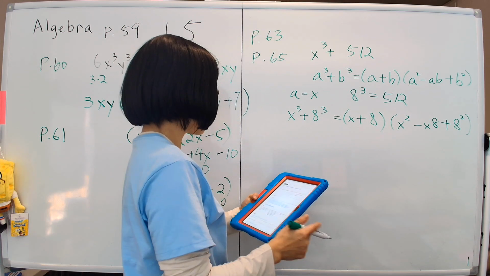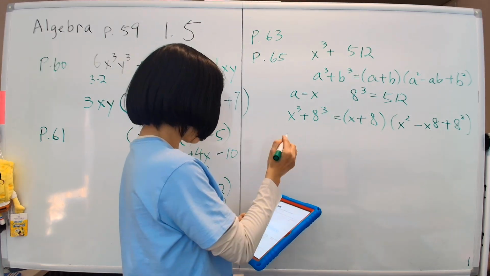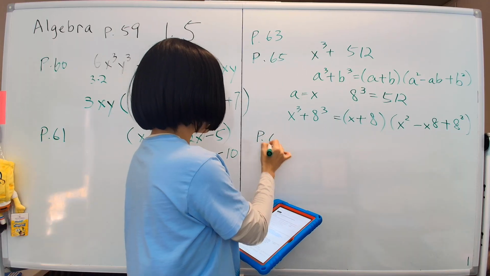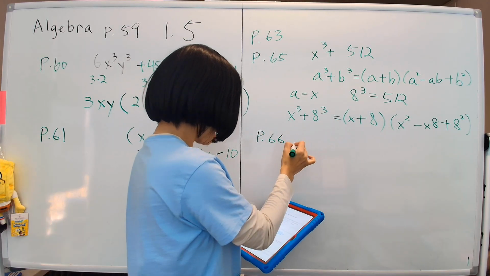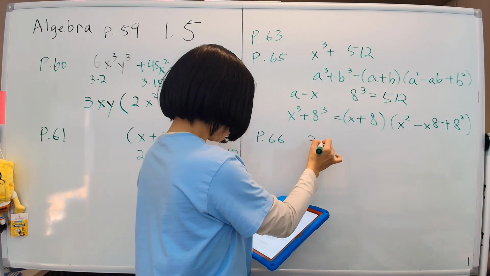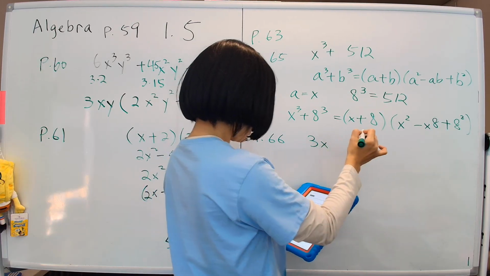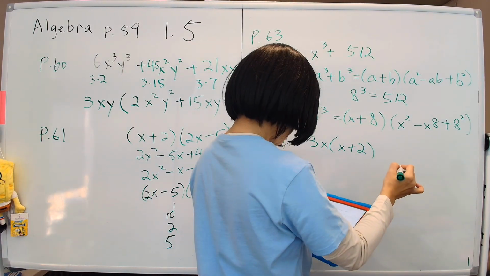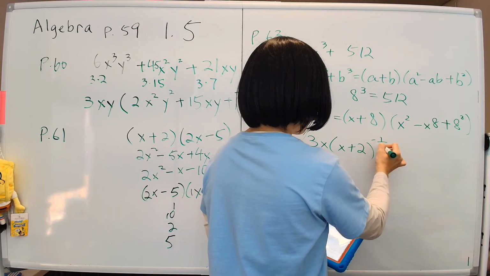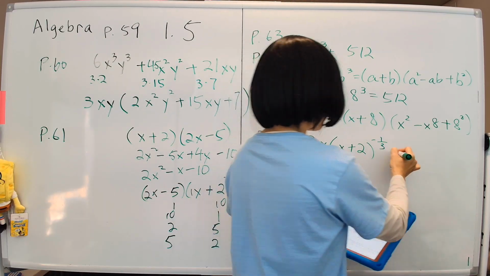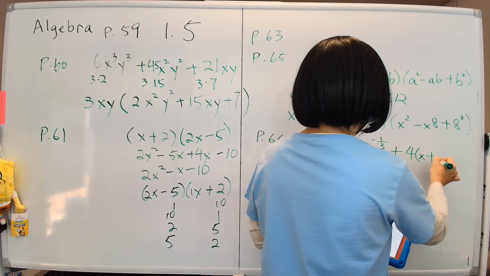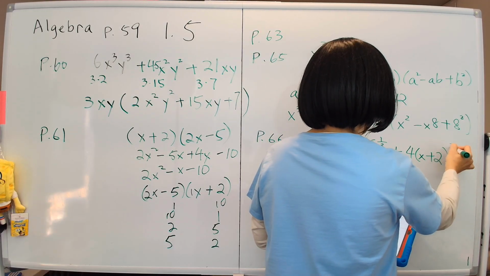Let's consider example 8 on page 66, where we have 3x times (x plus 2) to the power minus 1/3, and then plus 4 times (x plus 2) to the power 2/3.